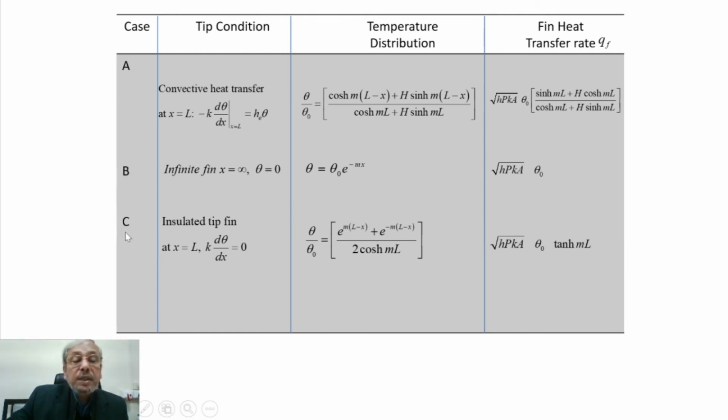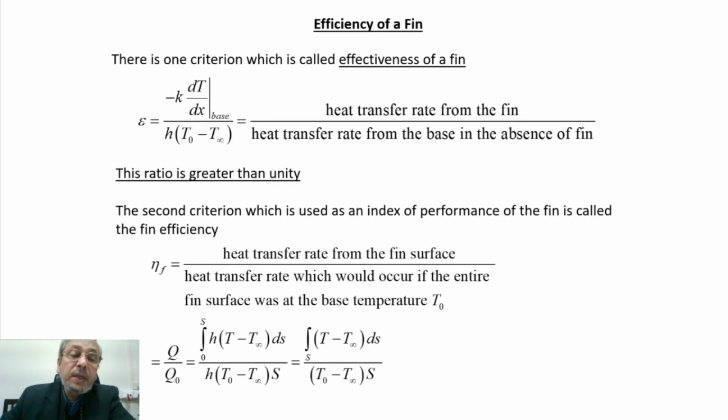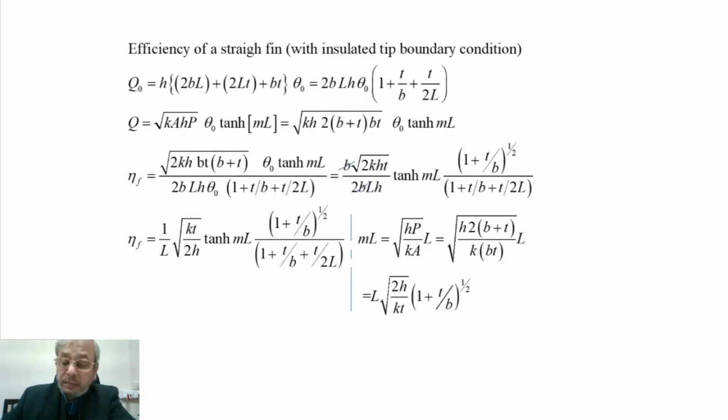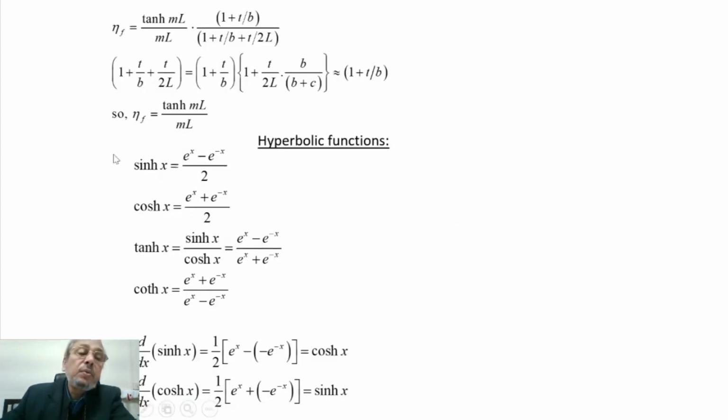And the end condition where the heat transfer is so small that we can consider it as an insulated tip fin. The insulated tip fin and the end condition when convective heat transfer takes place, we have analyzed today in detail.